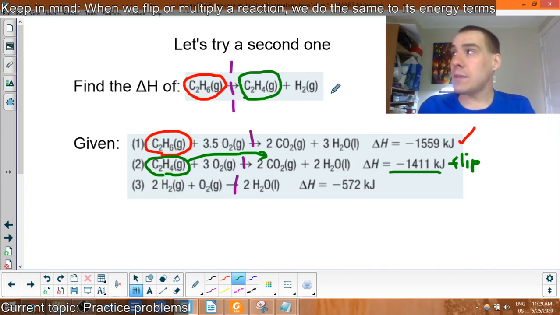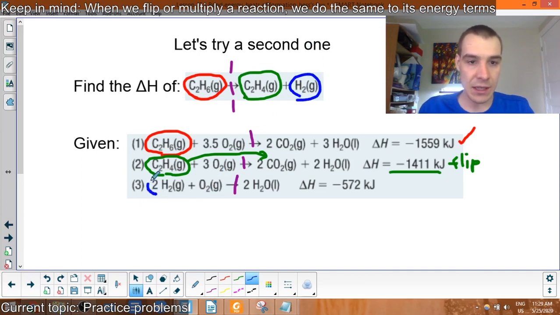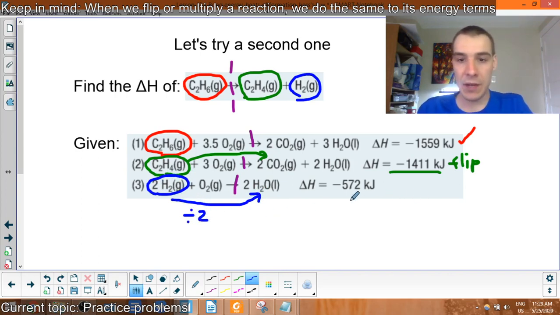And then the last one here is the H2. We have a single H2 here. Over on this side, we have 2 H2s. So we not only have to flip it, we also have to divide by 2. So this one is going to have to flip and divide by 2.